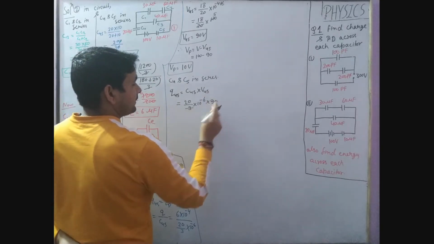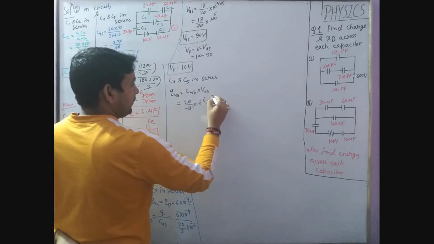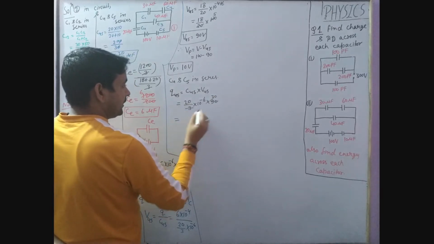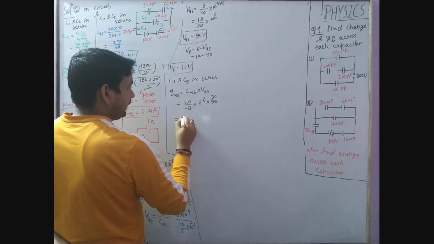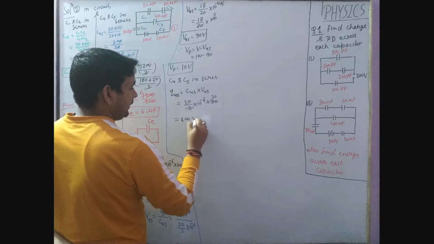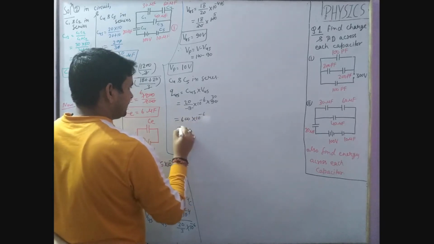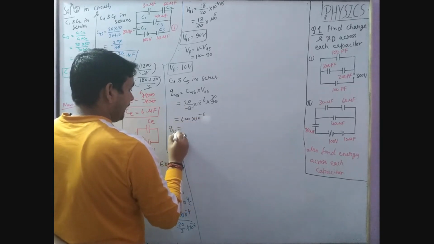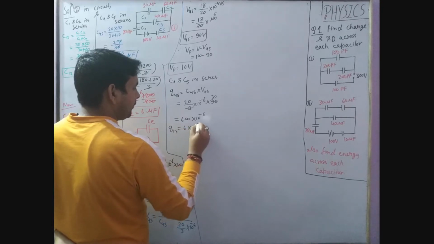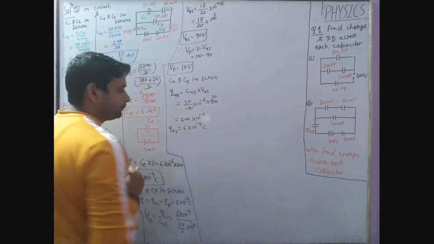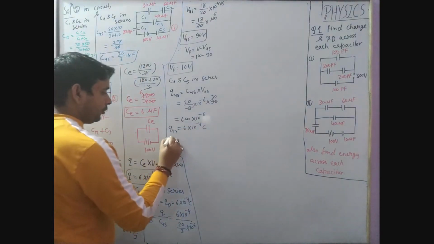This you will cancel, and by 30 time this is equal to 600 into 10 to the power minus 6, that is Q45 is equal to 6 into 10 to the power minus 4 coulomb.